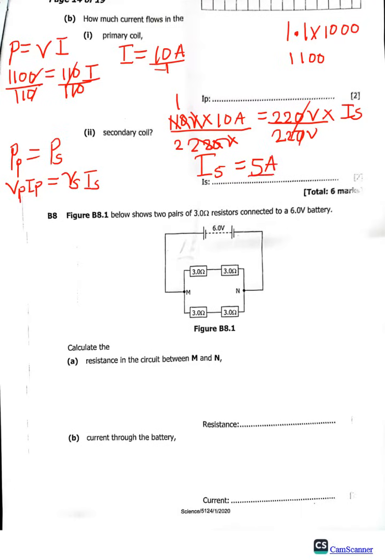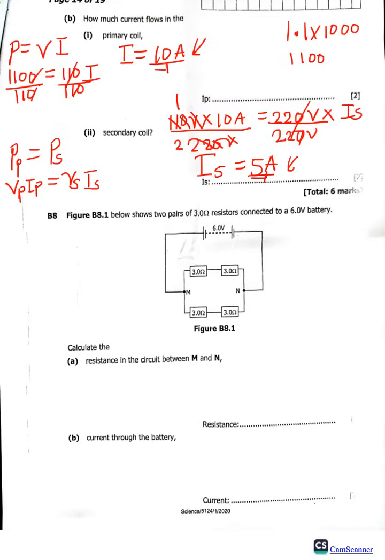If we analyze again what happened, the voltage on the primary is 110 and on the secondary is 220. So the voltage doubled, the number of turns also doubled, but look at what happened to the current. Current on the primary coil is 10 amps, while on the secondary it is 5 amps.